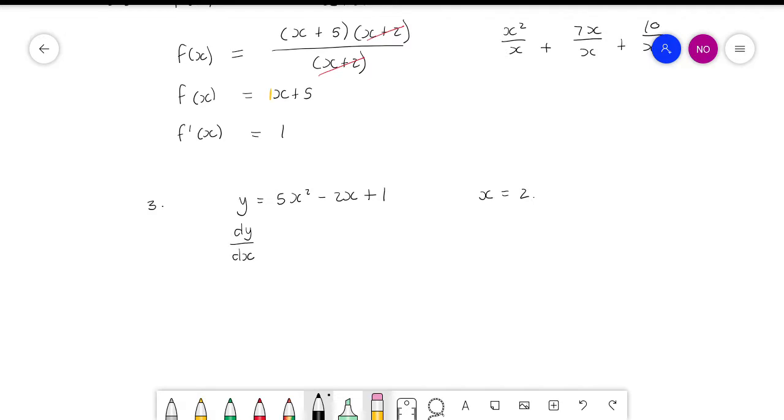And even though this is written differently, the derivative still gives you the gradient. Met ander woorde, die gradiënt gaan gelyk wees aan 10 maal 2 minus 2. So dis 18.